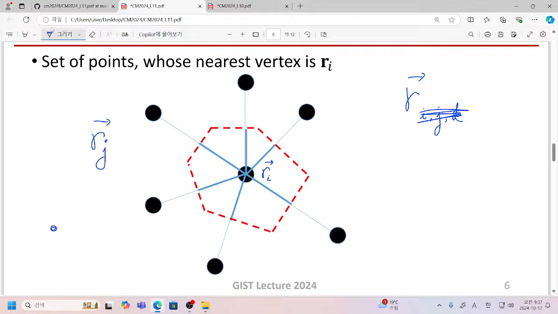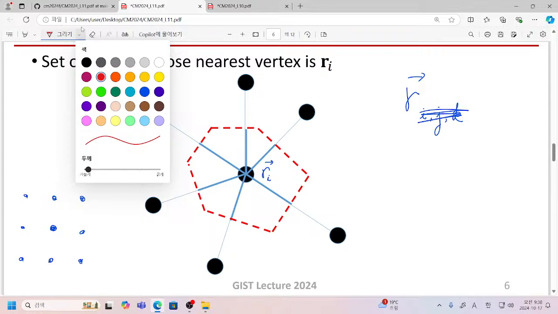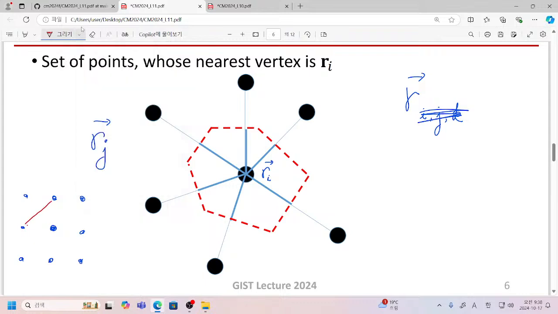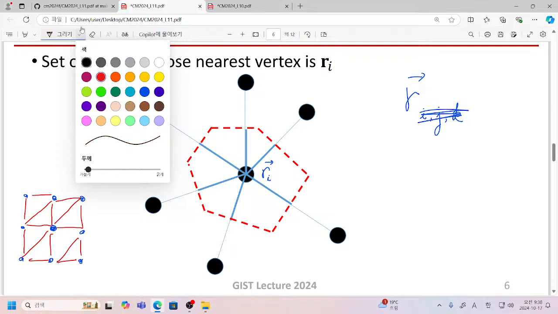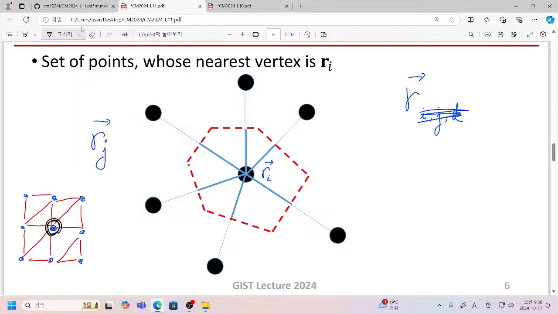I mean that if we have, for example, this kind of mesh, although this is quite regular, this is a practically quite important implementation. So let me just show you. Let's say that this center point is your r sub i.